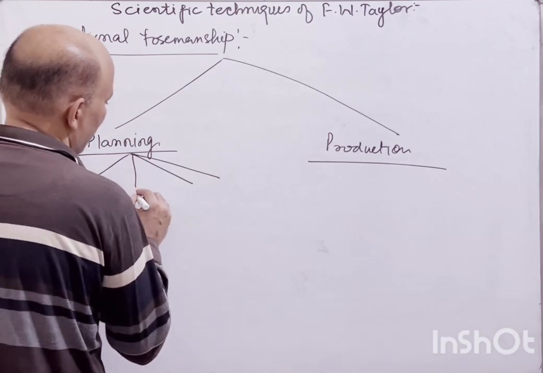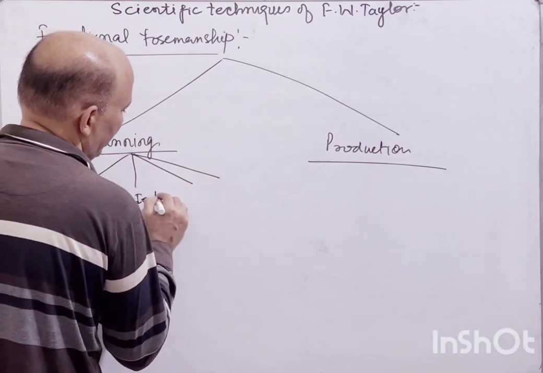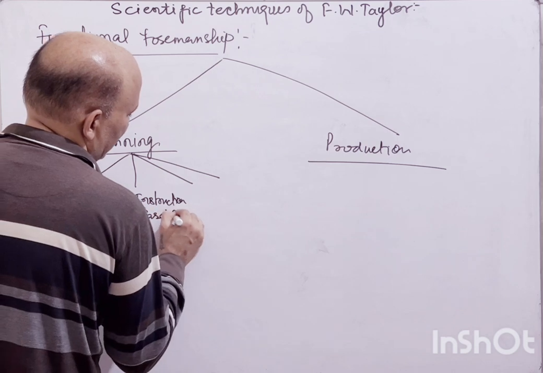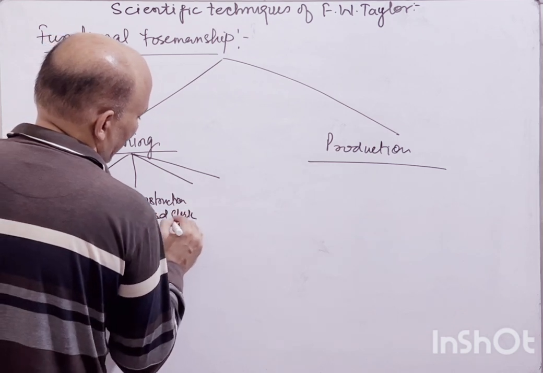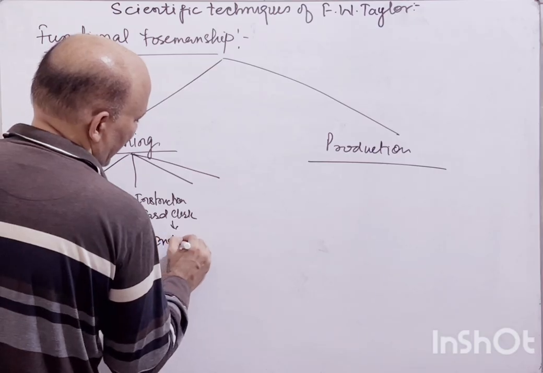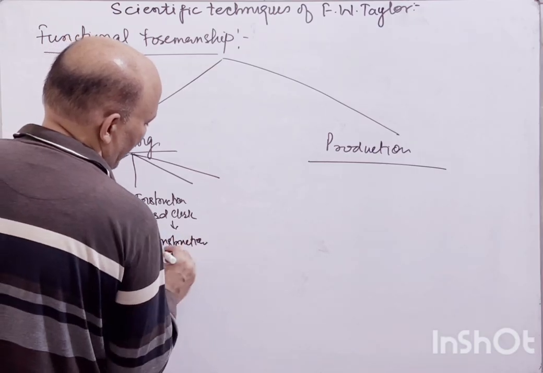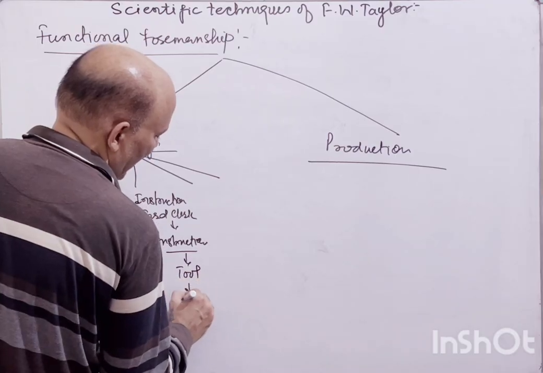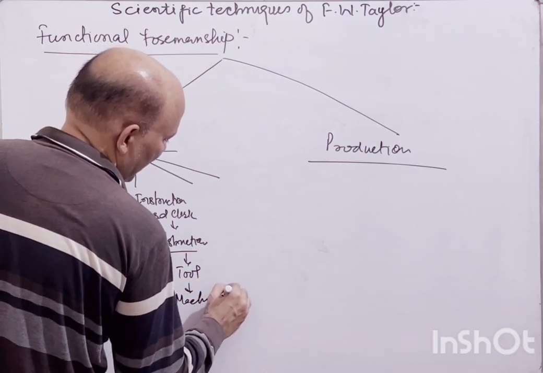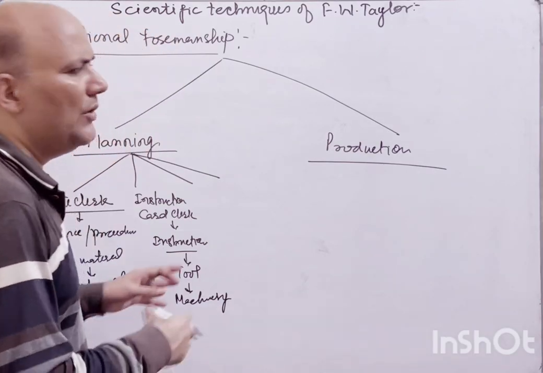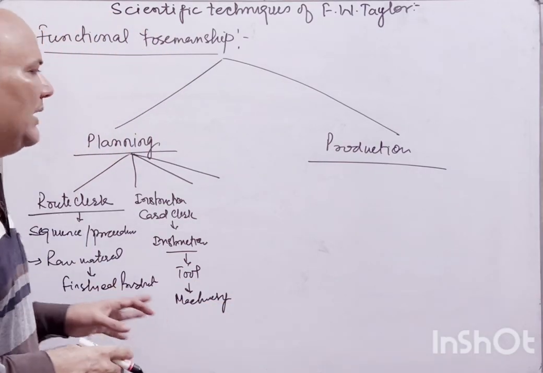Then comes the instruction card clerk, right? Now he gives different kinds of instruction: where the tools are, where the machineries are, where you can get the raw material, or whatever requirement you have regarding raw material or other things.